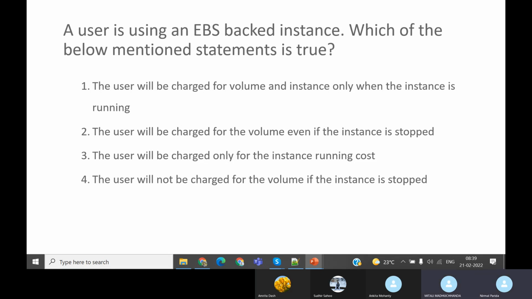Did you understand the question, or any confusion in the question? I'm not able to understand the difference between option 1 and 4.